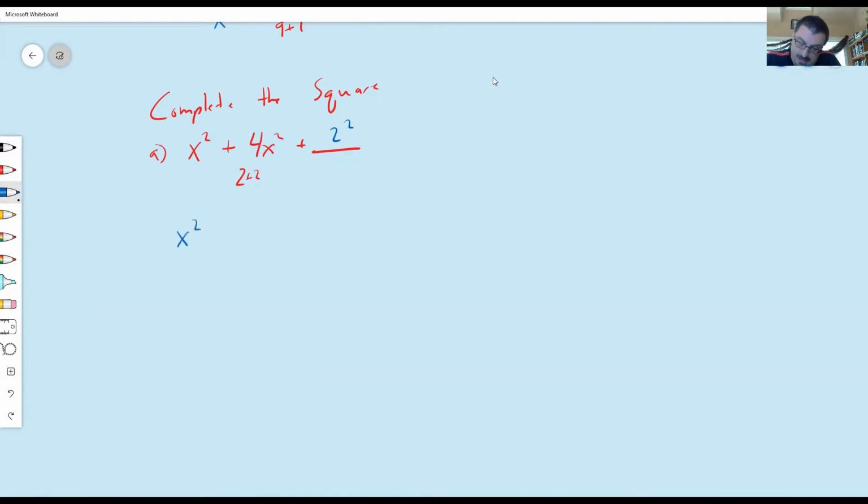So it's x squared plus 4x plus 4, which will now automatically factor. x is the first term, the middle term gives me a plus, and the last term is 2 squared, so it's (x plus 2) squared.